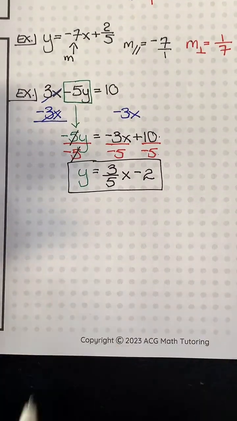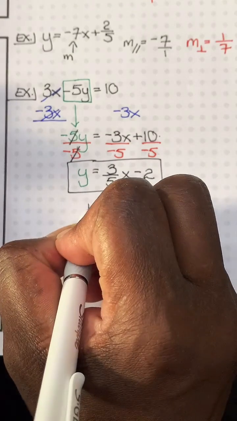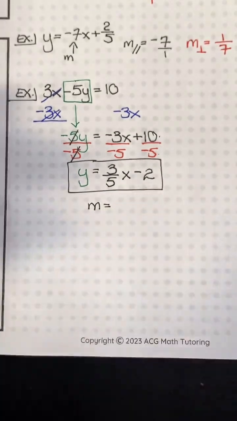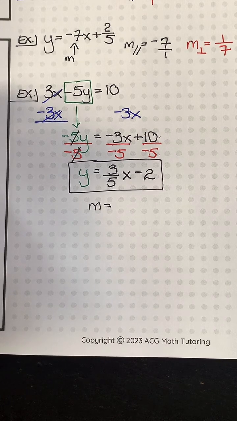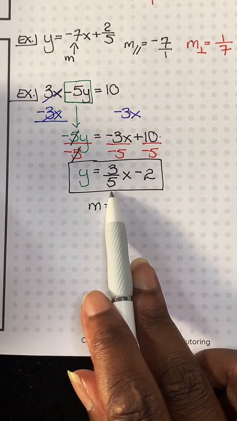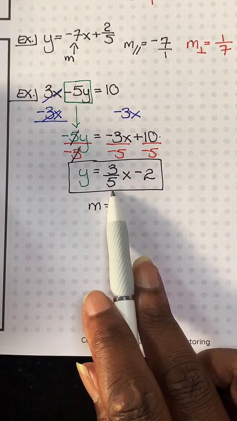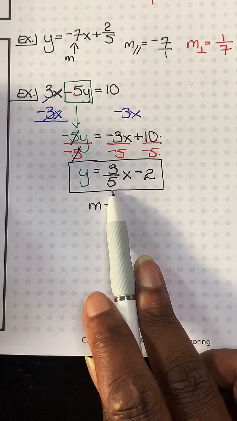But since that's our equation, what's my slope? Okay, what's my slope? Good. Okay, whatever is the coefficient. Nice. Good.